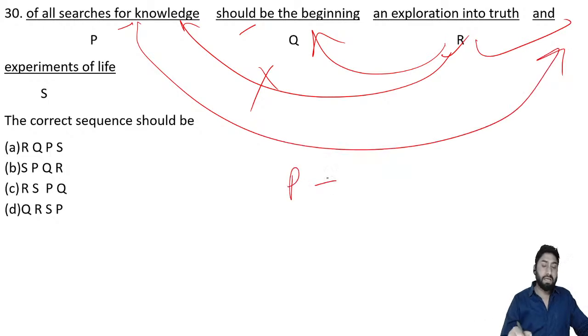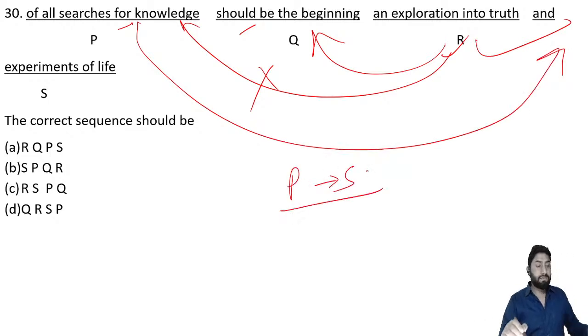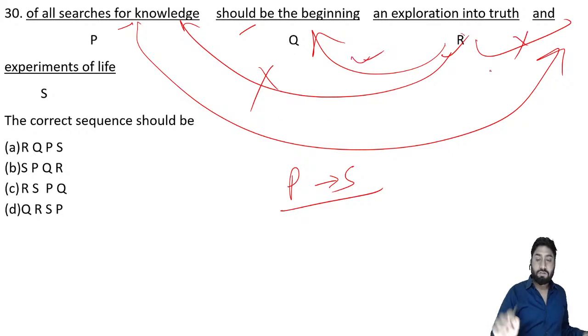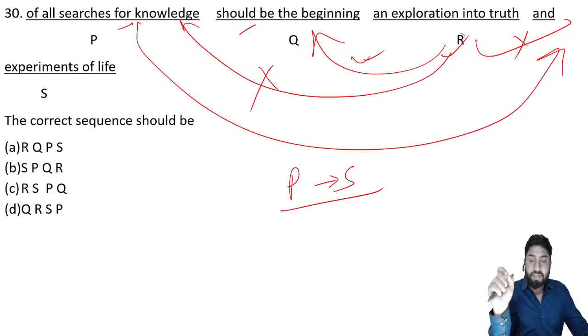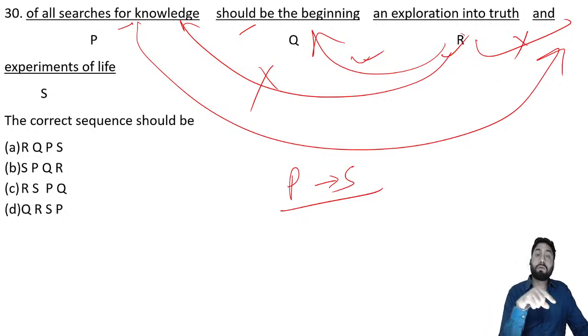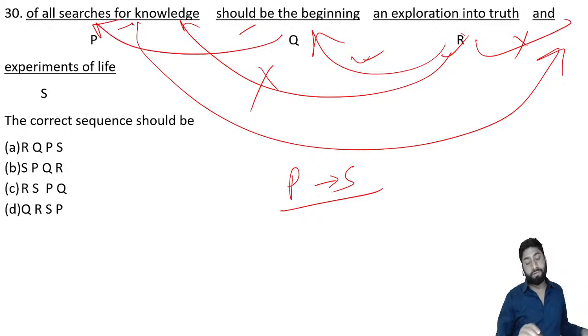Anyway, see, PS, they have mandatory pairs actually, right? They have mandatory pairs. And even R and Q have the mandatory pairs. It has no mandatory pair there. So an exploration into the truth should be the beginning of, and beginning की वजह से Q के साथ P you form it, right?